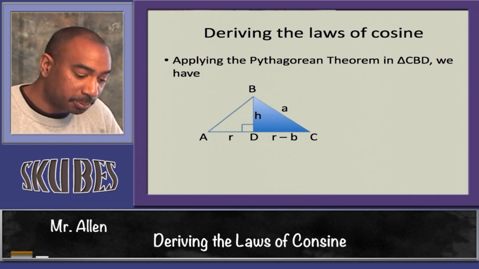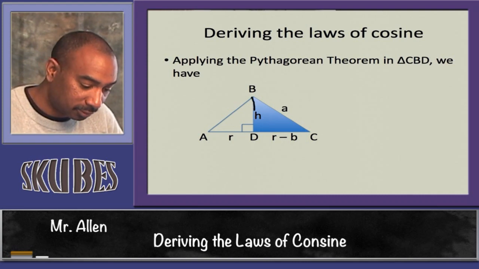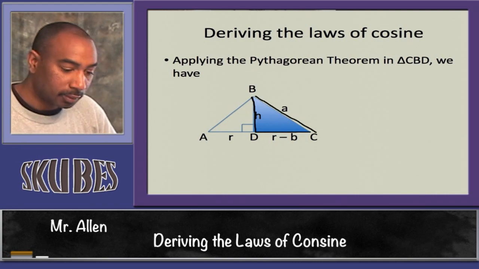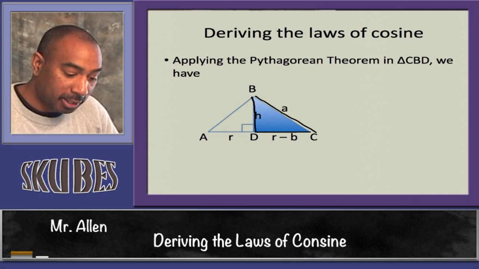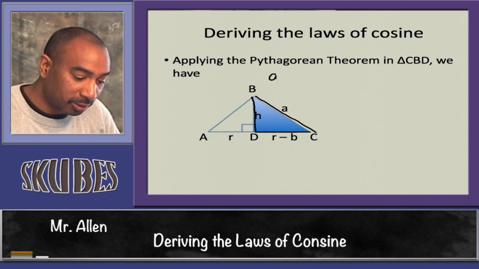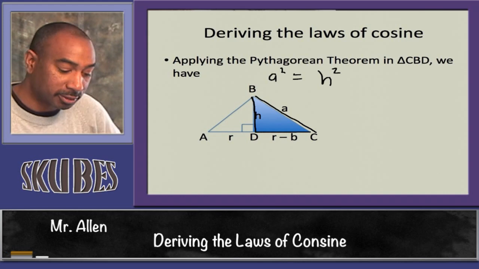All right, let's consider this part of the triangle, triangle CBD, just this part. If you apply the Pythagorean theorem to this, the hypotenuse is a. So you have a squared equals h squared, which is the leg, and the other leg is r minus b.